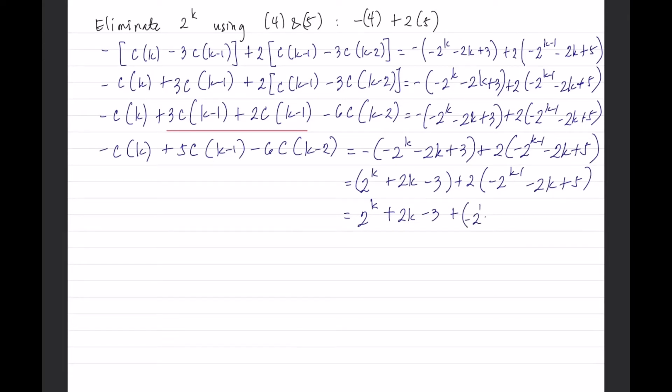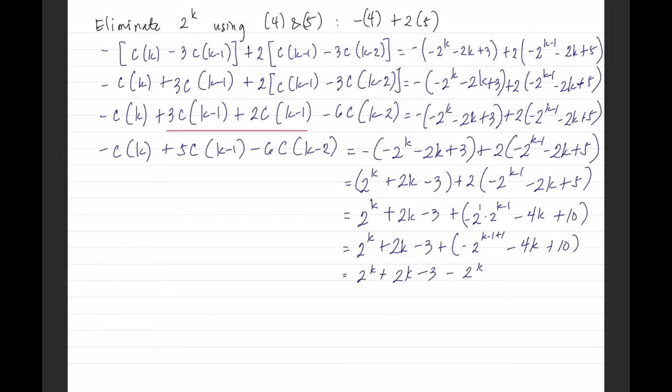That would give us negative 2 raised to 1 times 2 raised to k minus 1 minus 4k plus 10. Then that would give us 2 raised to k plus 2k minus 3 plus negative 2 raised to k minus 1 plus 1 minus 4k plus 10. So that would give us negative 2k minus 4k plus 10.